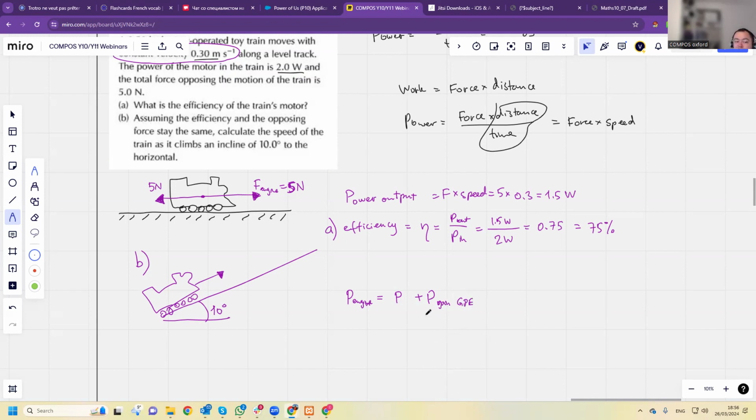If that makes sense. Okay, let's do it properly. The power of the engine will be used to overcome friction, power to overcome friction, plus the power to raise gravitational potential energy.